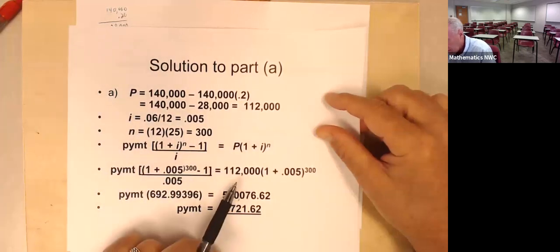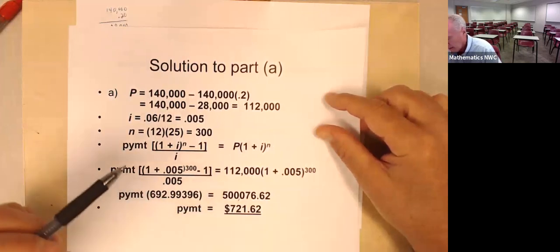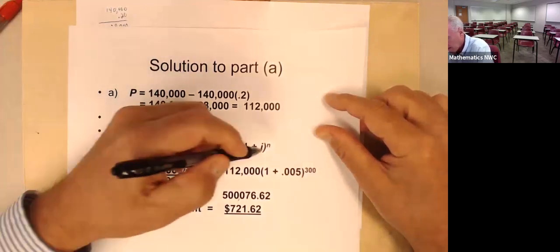That is, by the way, what 112,000 would have earned. 112,000 would have become about 500,000 in 25 years. You then divide this 500,000 by 692 and you get your monthly house payment, $721.62 every month. That's how to use this particular formula.